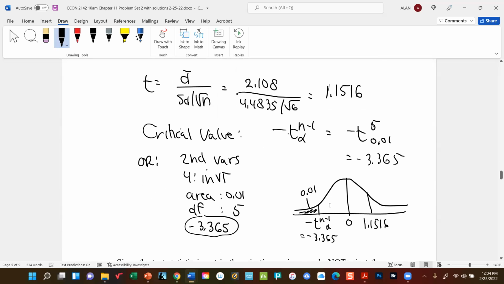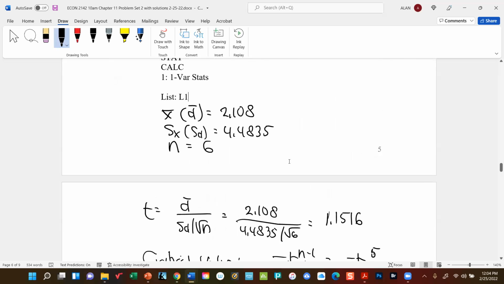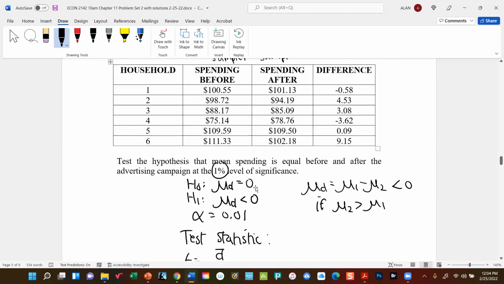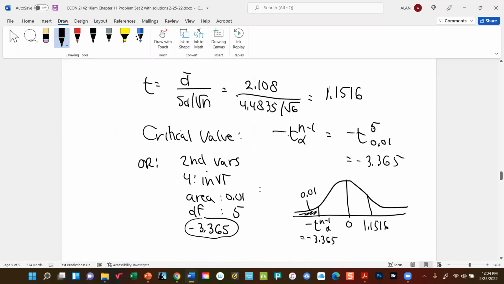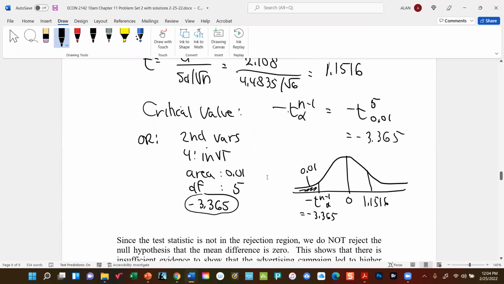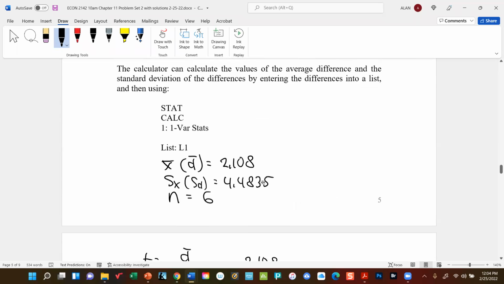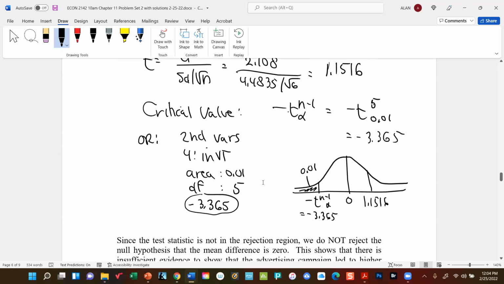All right, so the critical value. Now this is a left-tailed test. The entire area of alpha goes in the left tail. It's 1%, remember. And the degrees of freedom is n-1. This time we only have 6 in our sample, so n-1 is 5.